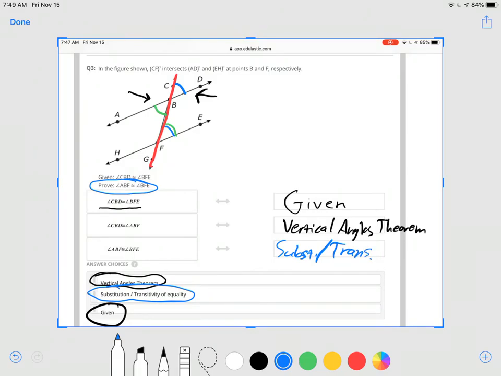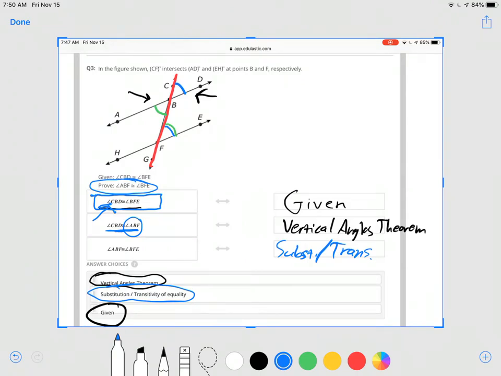And the reason is because notice at this line, the first line of the proof right here, I'm squaring in blue, it says CBD is congruent to BFE. But on the next line, we know that CBD is the same thing as ABF. So where we saw CBD before, we could just substitute ABF.